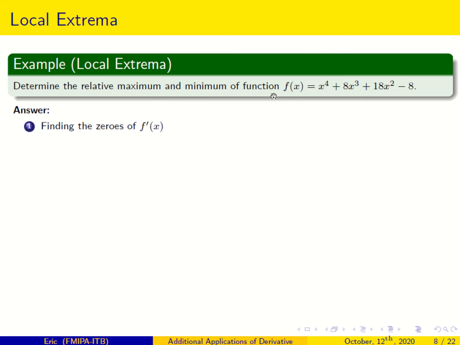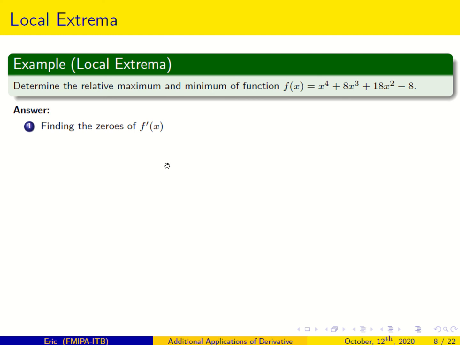Example of local extrema: determine the relative maximum and minimum of this function. We know this is a polynomial function, so the first derivative always exists, and we don't have a singular point here. To find the relative maximum and minimum, I have to find the monotonicity.